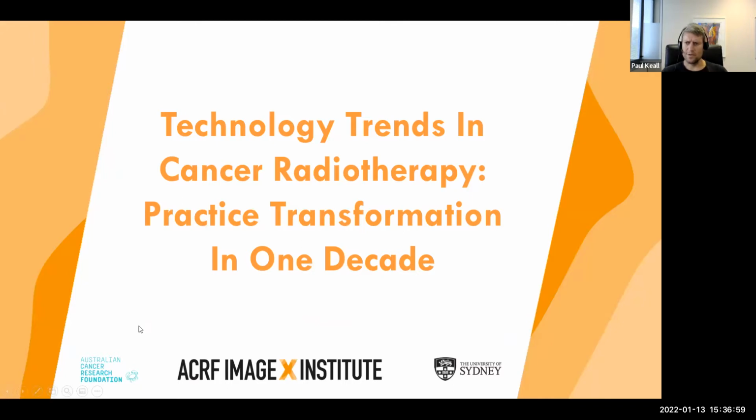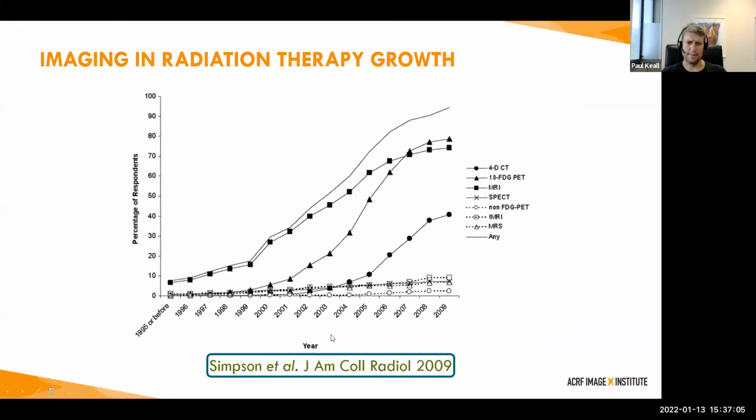So if you're working on technology, will it have an impact? It's good to see the trends in radiation therapy and the uptake of technology. These are getting a little bit old, but they show the time in years and the percentage of respondents, from surveys.